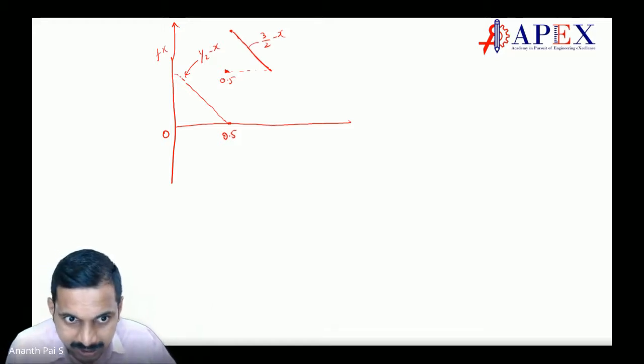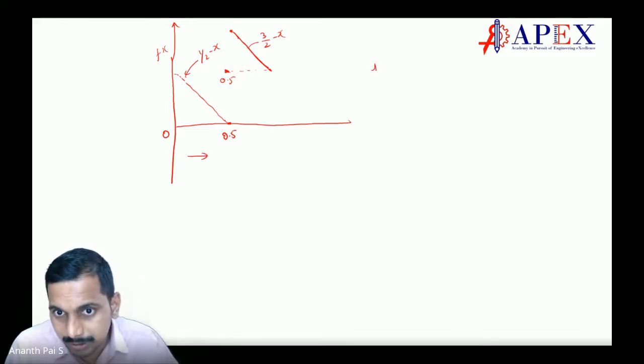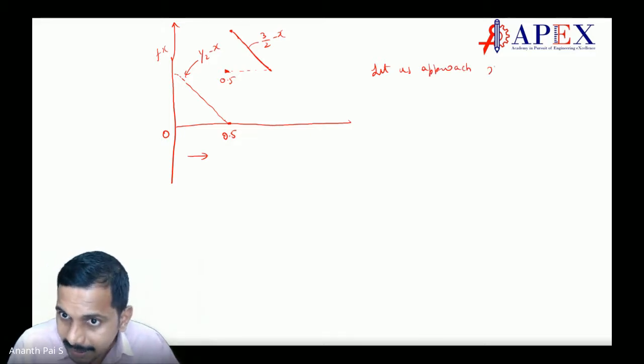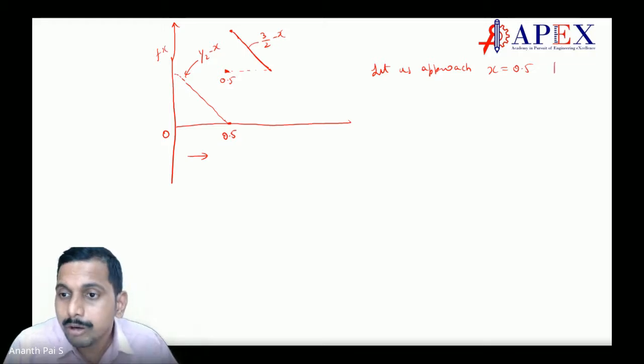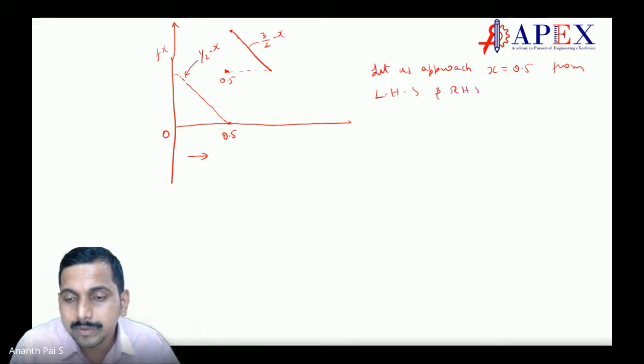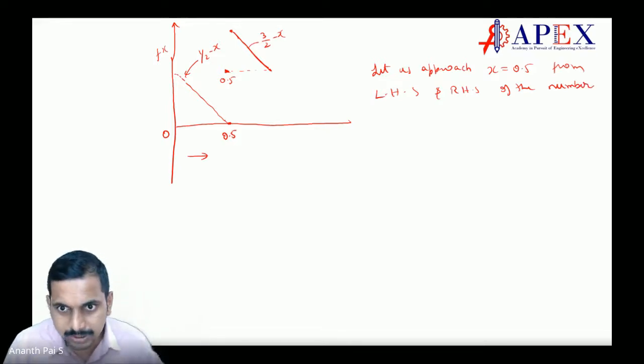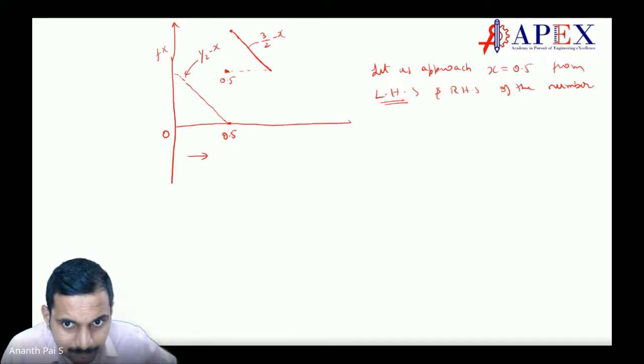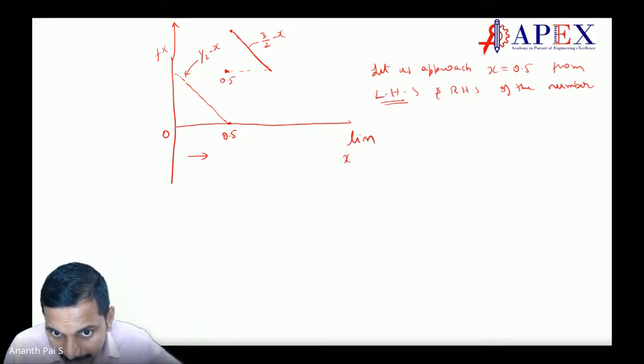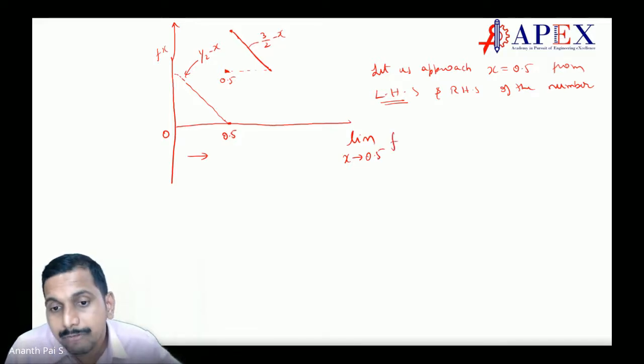Let us take this particular case. Let us approach x is equal to 0.5 from the left hand side and the right hand side of the number line. I'm repeating whatever we have done in the last 2 slides. From the left hand side, it is half minus x, correct? So going left hand side, limit x tending to 0.5 minus of f of x.